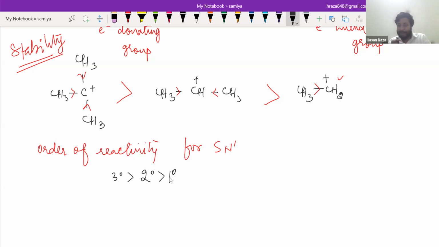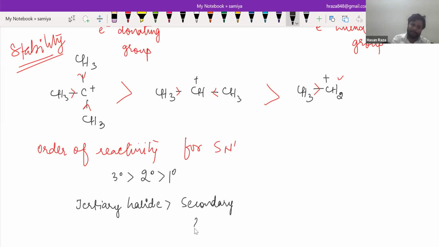Why? Because the intermediate formed of 3 degree is more stable. That's why 3 degree carbocation is more stable. Or you can say 3 degree halide also. Tertiary halide, then secondary halide, then primary halide, and at last CH3X, superprimary.